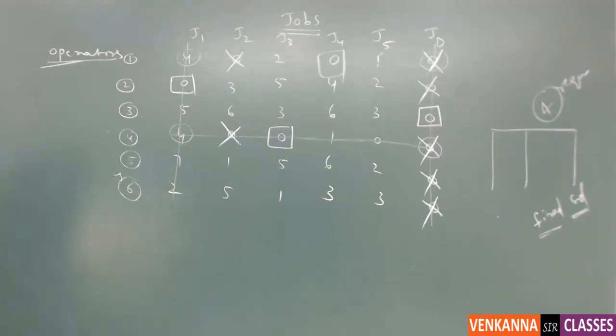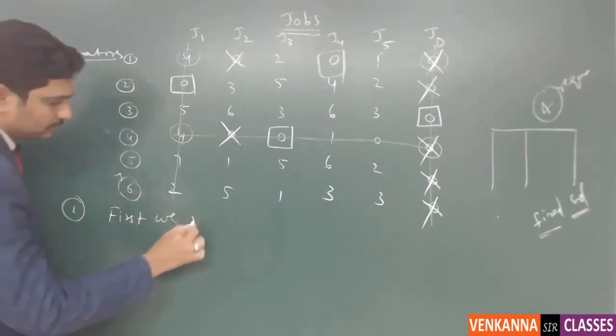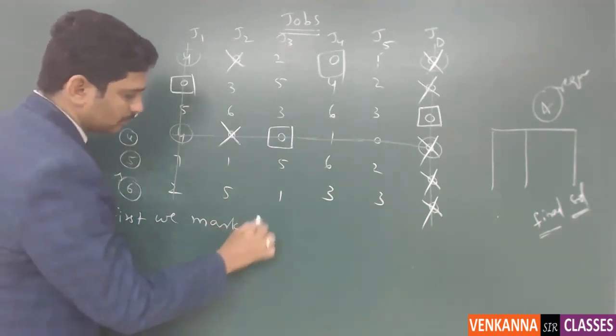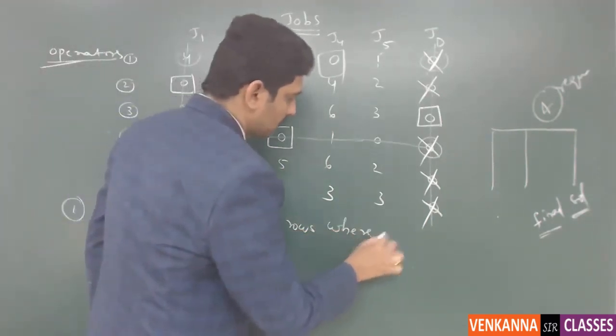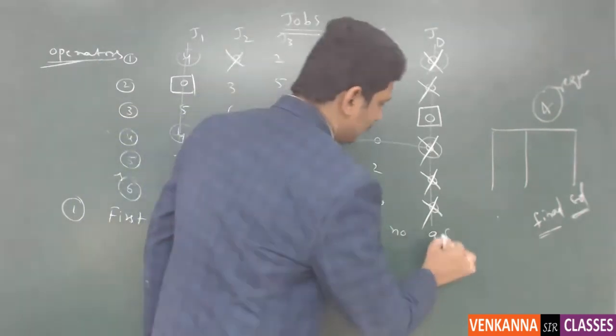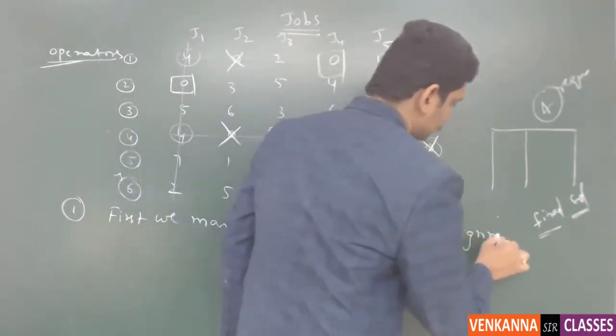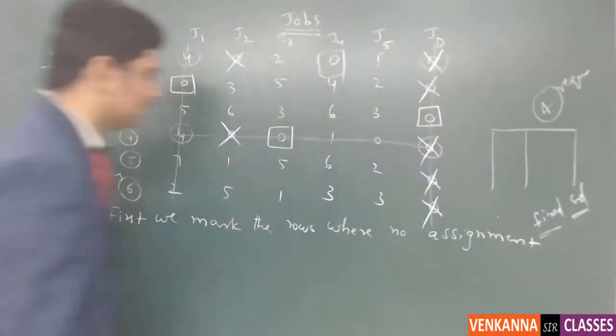So you are stuck with how to draw the lines there, right? The only problem with you, right? So if you want a procedure, first we mark the rows where no assignment is done.